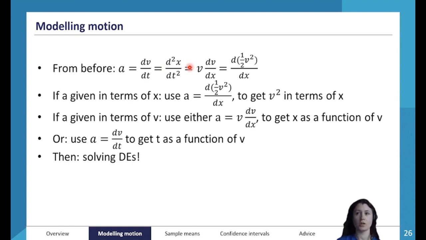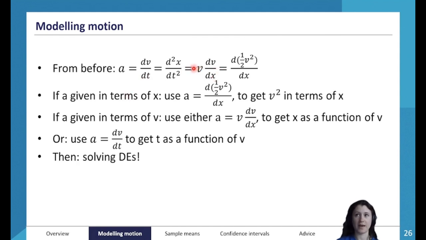So acceleration is velocity multiplied by the derivative of velocity with respect to x. Where these tend to get a tiny bit complicated is where you kind of forget that it's with respect to x and not t. And that's really the most common mistake that most students make, mixing up which variables are in there.